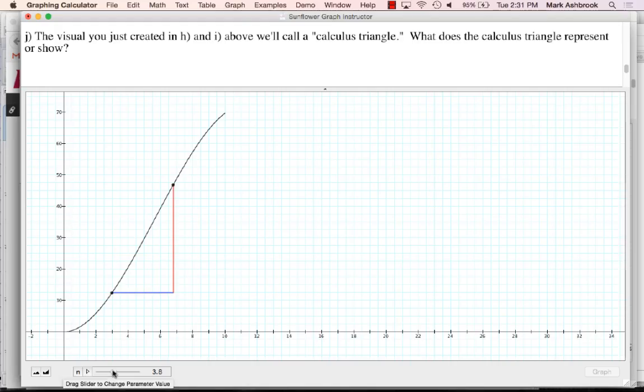So there are 3 things. You're going to alter your blue segment so that n is the value of dt, and then as you vary n, the red segment will show the corresponding change in height of the sunflower correctly, and then also show the correspondence point for the final value of time and the final value of height according to n.